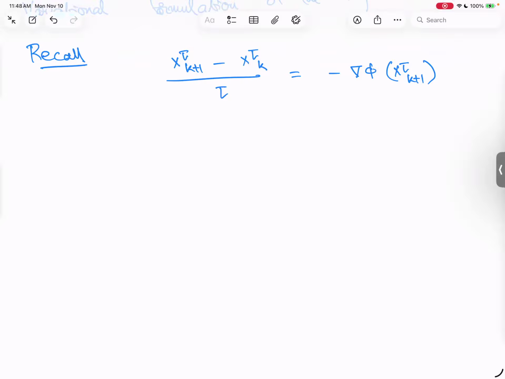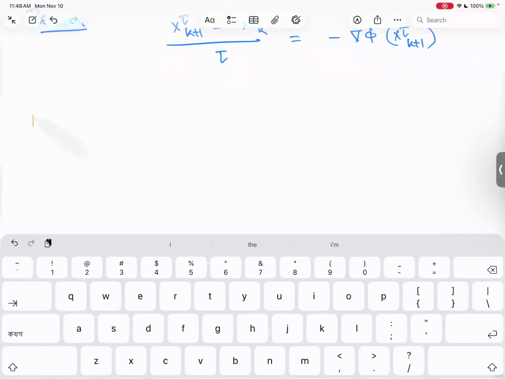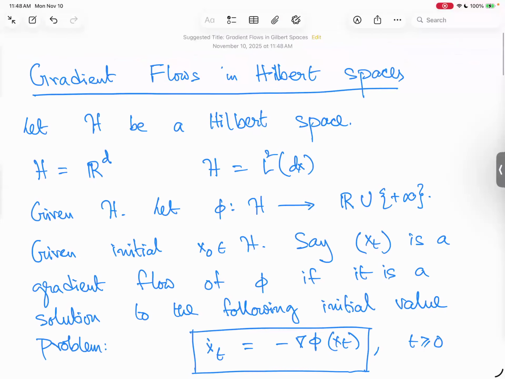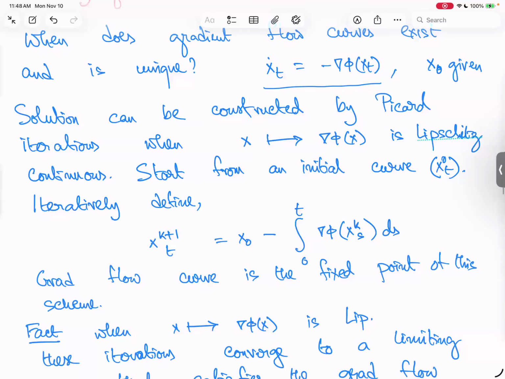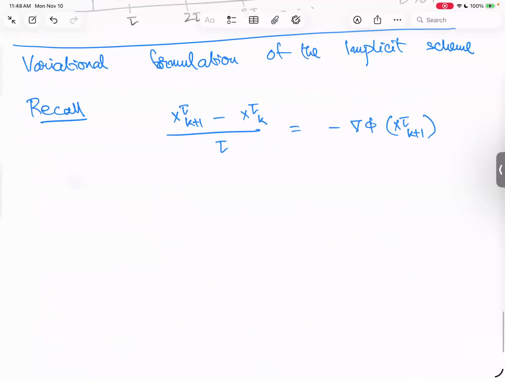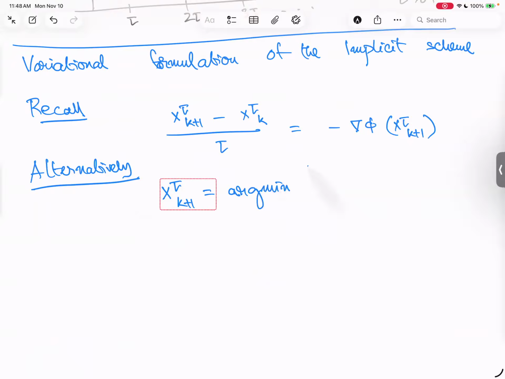You can write this alternatively. I can say that x tau k plus 1 is the argmin in x in the Hilbert space.